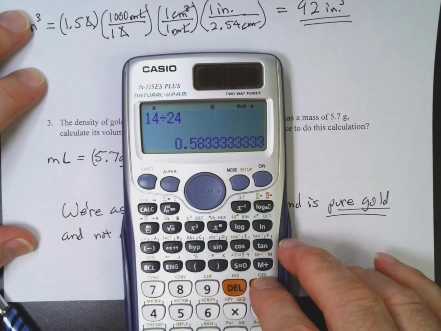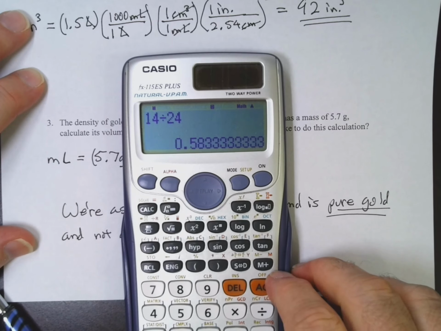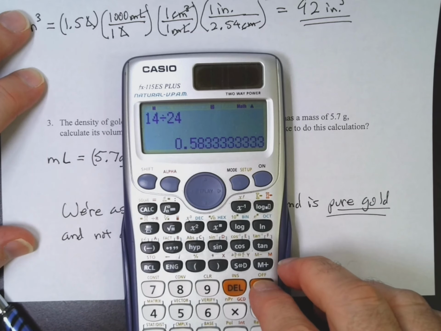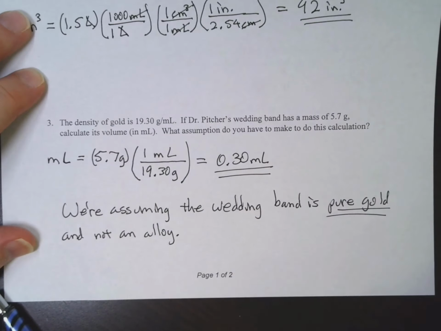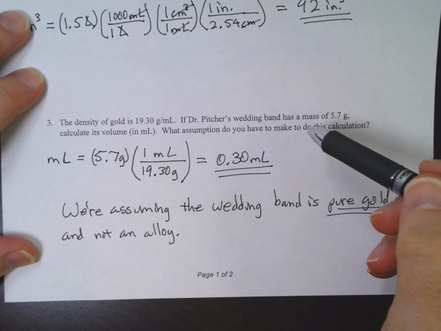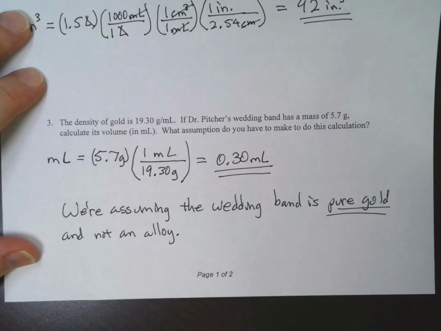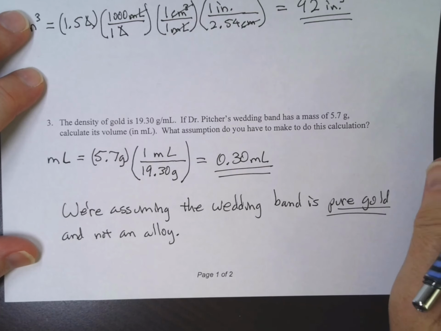So the density of this ring is probably more like 12 grams per milliliter. If it was 24 karat gold, that would be 100% gold, and then this assumption would be a valid assumption. All right.